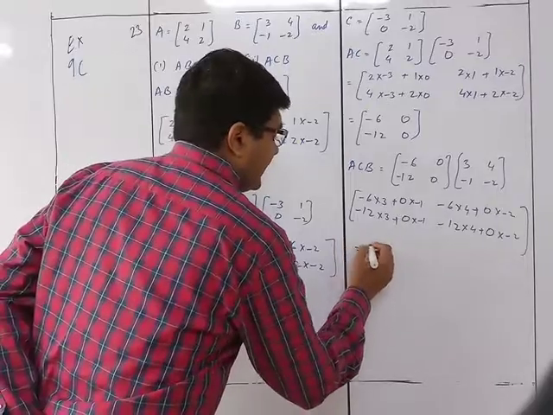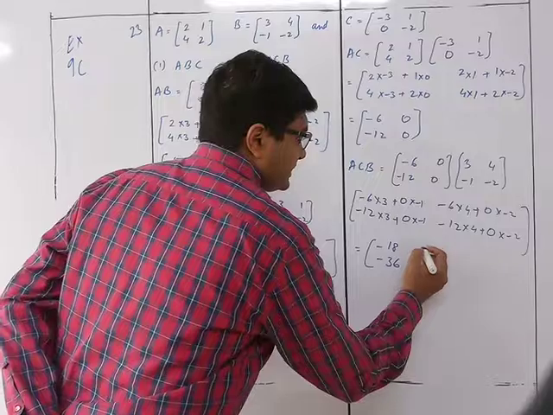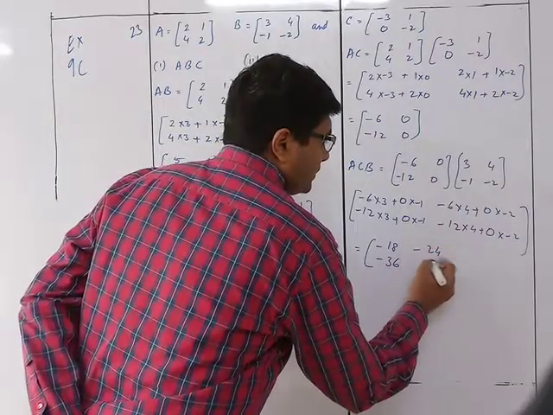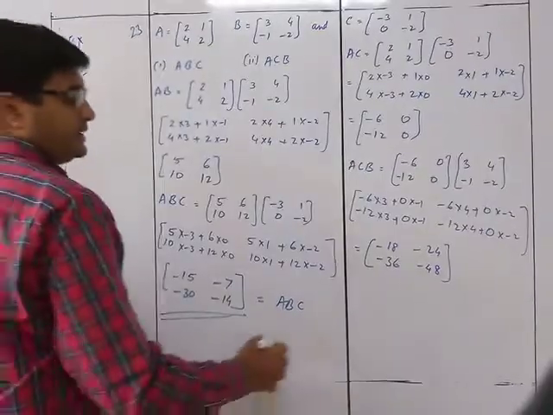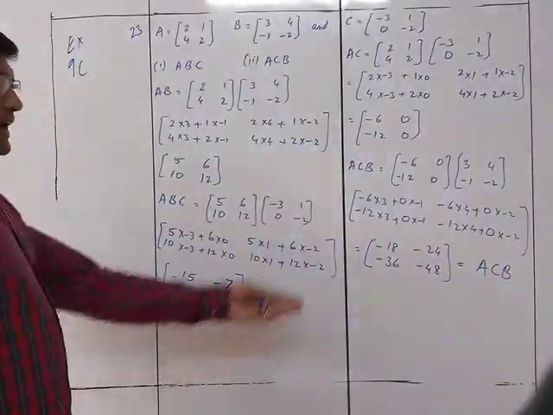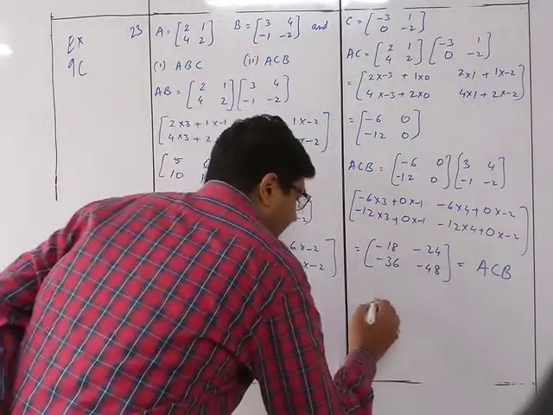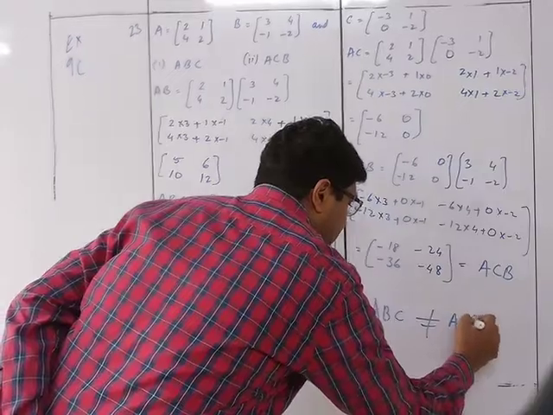This gives me minus 18, minus 36, minus 24, minus 48. So you can see this is ACB. ABC and ACB are completely different. So ABC is not equal to ACB.